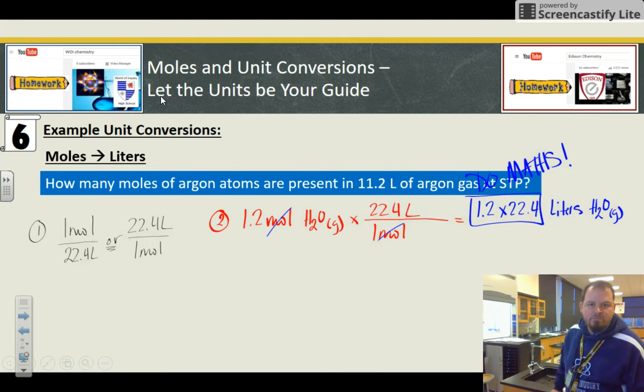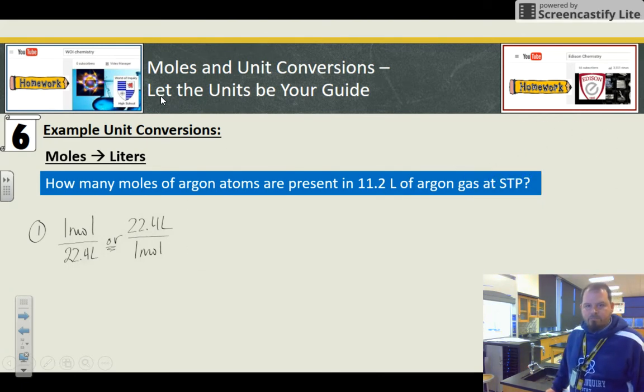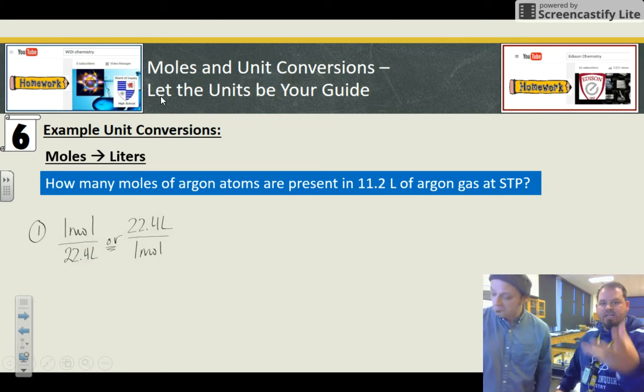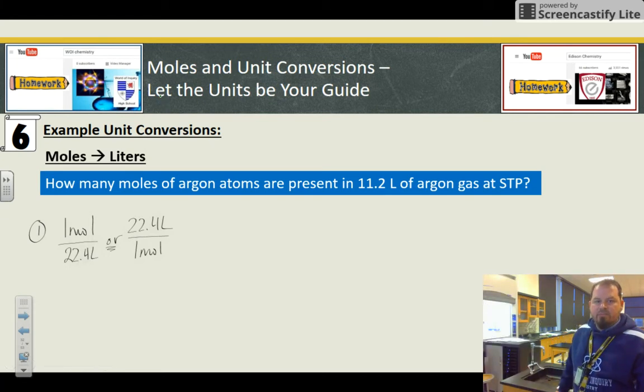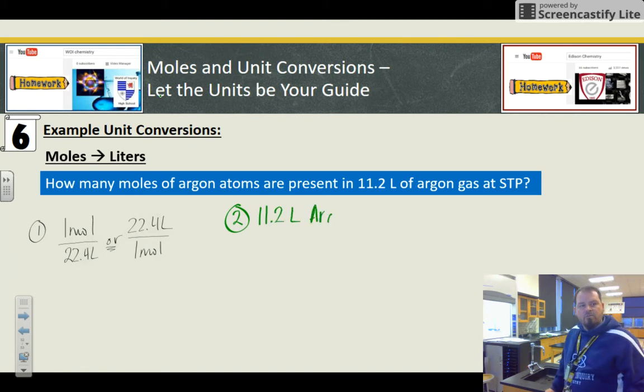Okay, moles back to liters. I'm going to keep that first step because it's the same conversion factors to choose from. Then we're going to take this 11.2 liters that the problem gives us as the second step. And this time I need to pick the conversion factor with liters in the denominator, because I'm letting my units be my guide.